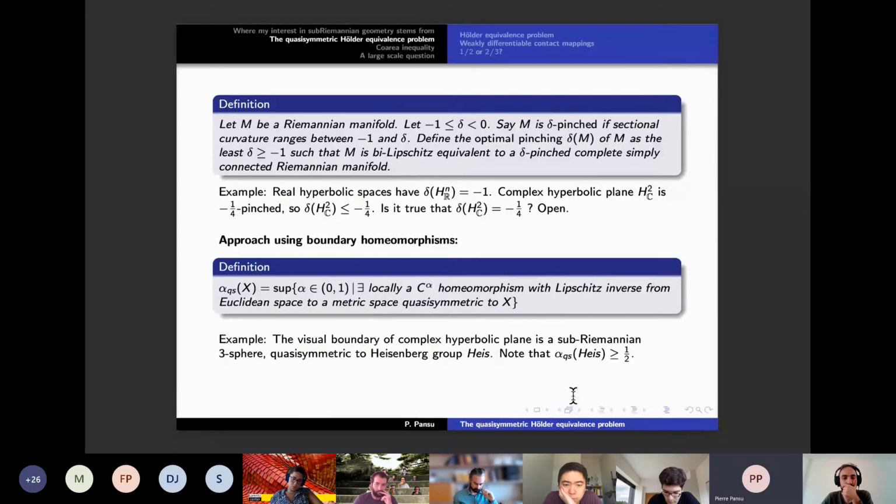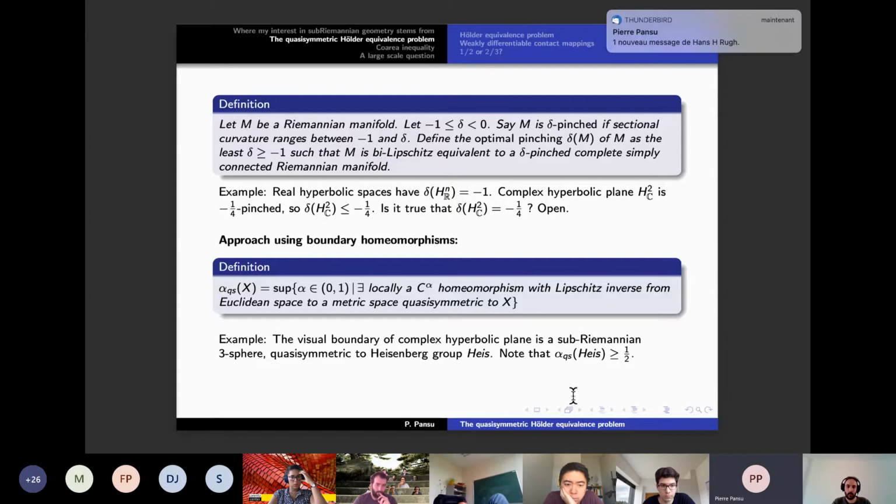Given a metric space X, I consider all metric spaces which are quasi-symmetric to X. For each of them, I'm wondering how I can map it, at least locally, to Euclidean space of the same dimension by a Hölder homeomorphism. And I can even assume that the inverse homeomorphism is Lipschitz. That's a little bit complicated definition, but we will practice it in a minute.